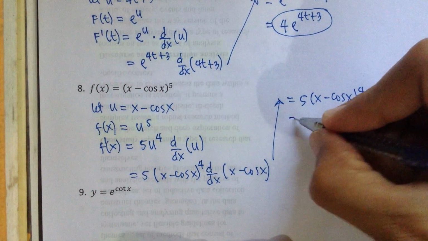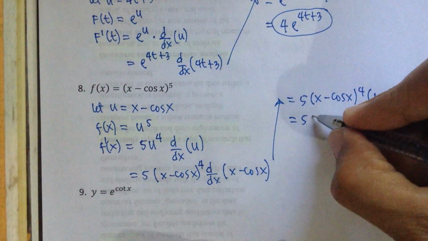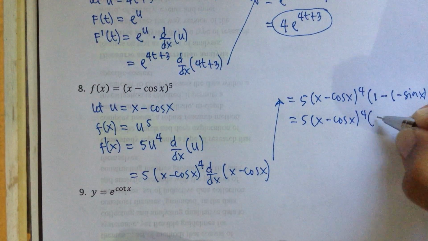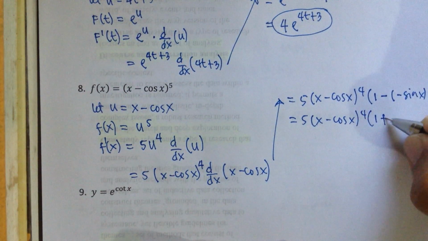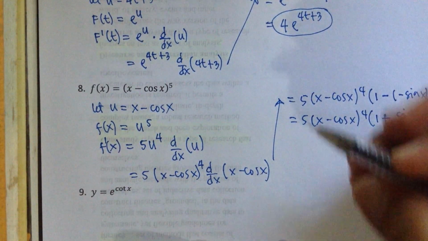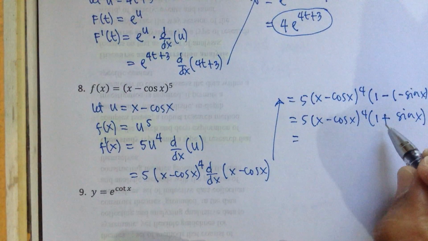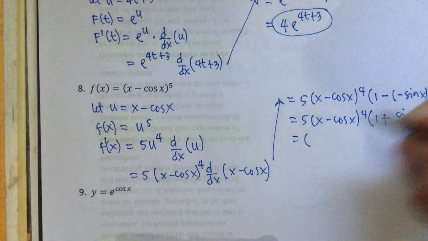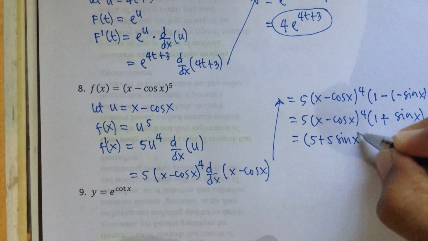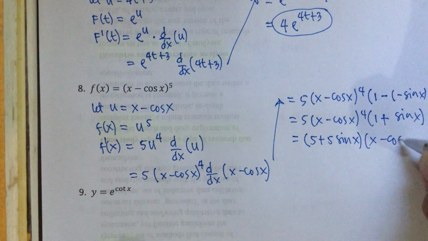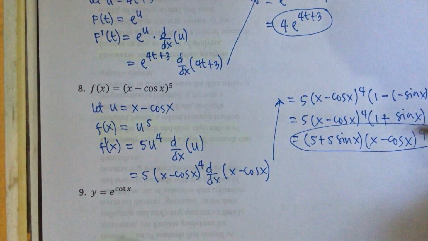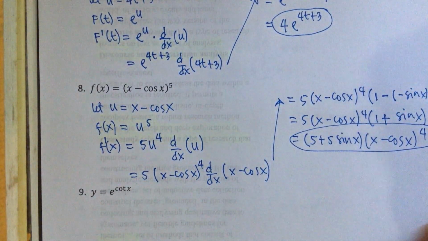Okay, and simplifying, we have 5 times (x minus cosine x) raised to 4 times 1, and this one will become plus sine x. You can multiply 5 with 1 plus sine x, so you can write this as 5 plus 5 sine x times (x minus cosine x) raised to 4. We have the derivative for f of x.